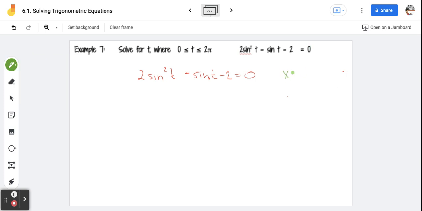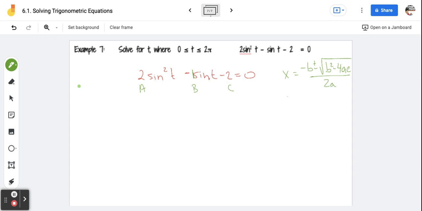It is x equals -b plus or minus square root of b squared minus 4ac all over 2a. That's the quadratic formula. Remember, a is always the coefficient of your quadratic term, b is always the coefficient of your linear term, and c is always your constant.